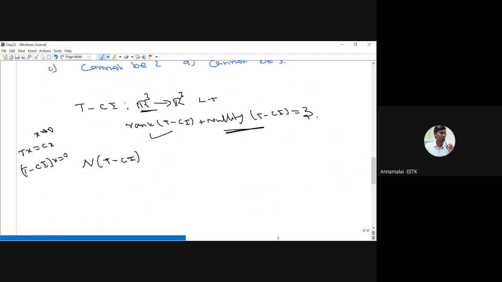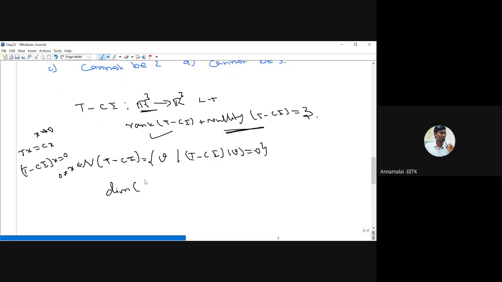What is the definition of N of T minus cI? It is the set of all vectors v such that T minus c times identity at v gives 0. Clearly this element x is a member of the null space, and it is non-zero. Therefore the dimension should be at least 1. We don't know the exact dimension, but the dimension cannot be 0.